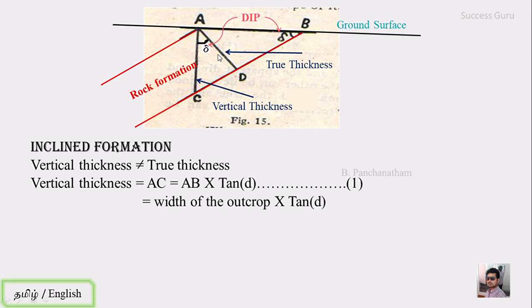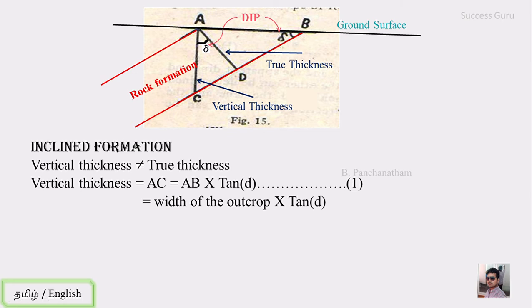So in this case, what happened? We are using tan theta, where tan theta is equal to opposite by adjacent. So the opposite side, that is the AC, the vertical, is what we have to find out, and the adjacent side is the AB, that is the width of the outcrop. And by knowing the dip of the formation, we can simply find out the vertical thickness.